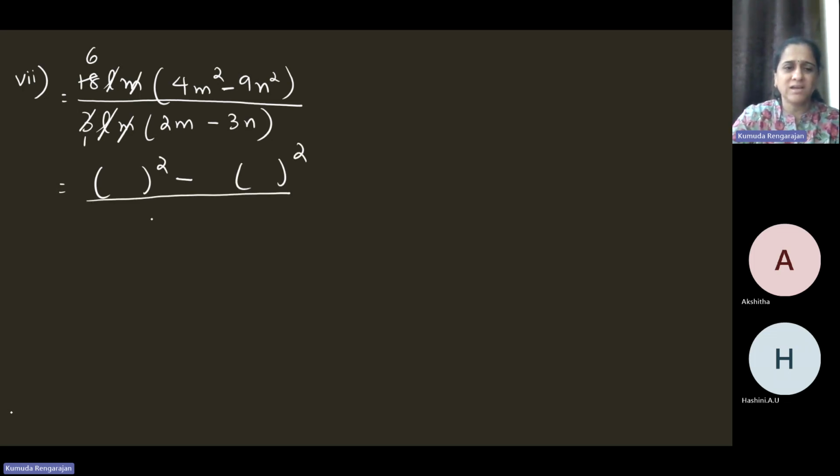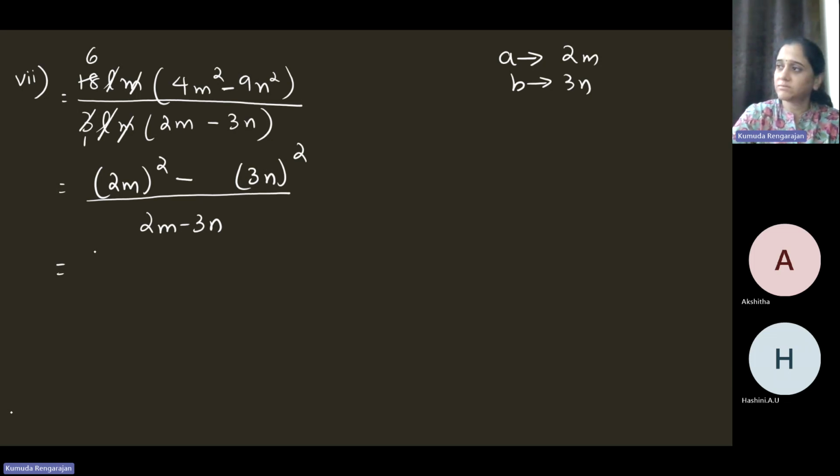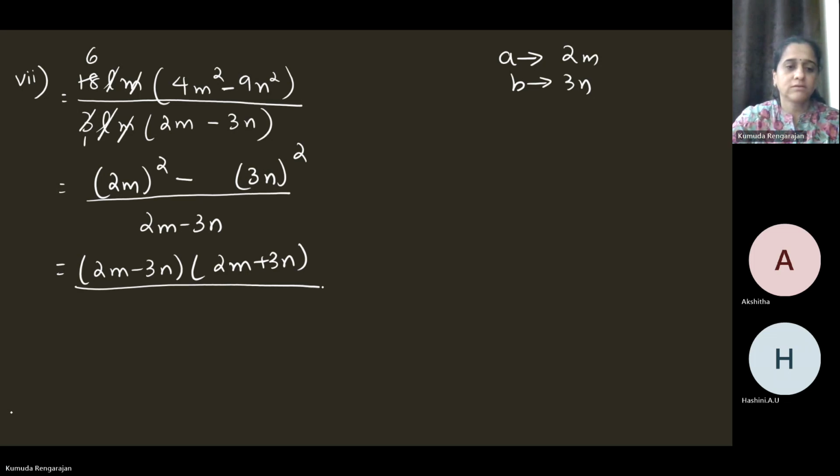Divided by, nothing can be done with 2m minus 3n. Let's write it as it is. Now what in the first space? 2m. Here, 3n. So what is a, Harini? What is b? So what's the numerator? What is a squared minus b squared? Divided by 6.